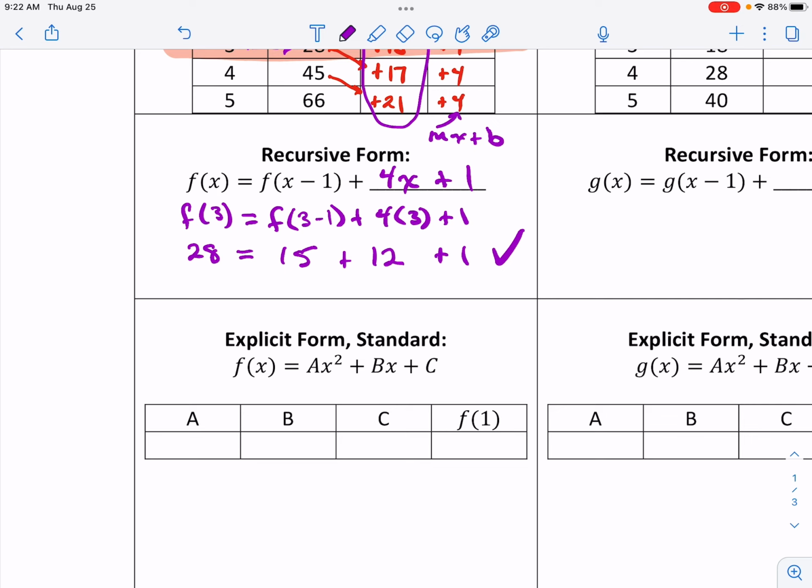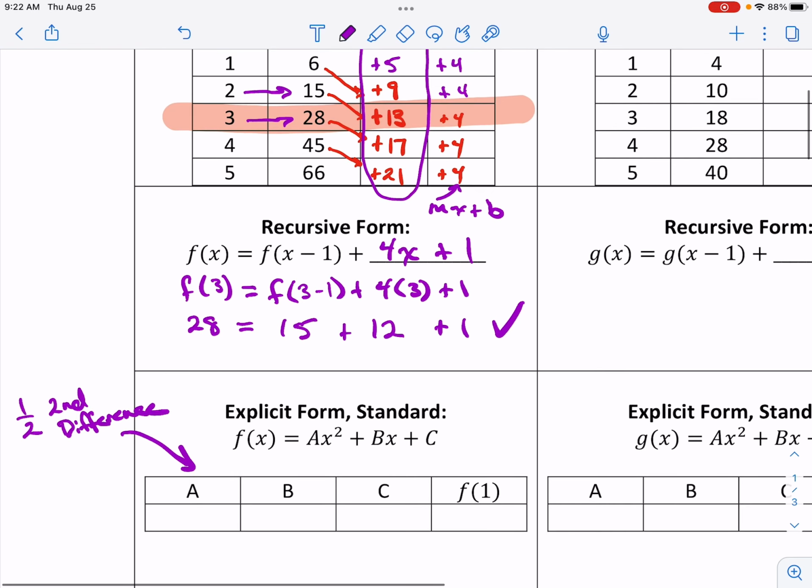The explicit formula, ax squared plus bx plus c, can be found if we get a from a is half the second difference. In this case the difference was 4, so half of 4 is 2.